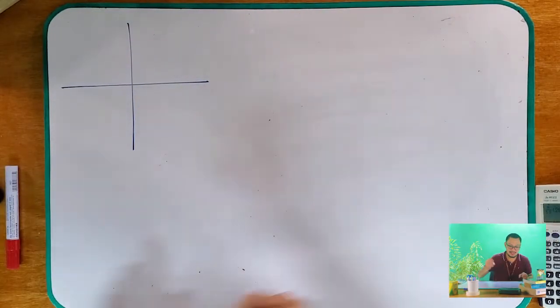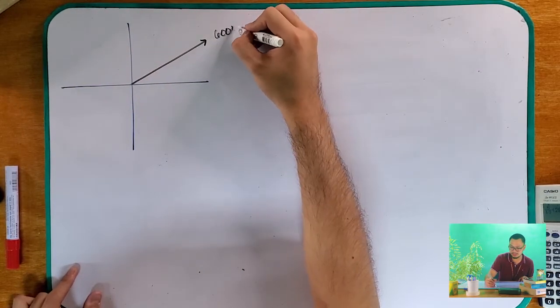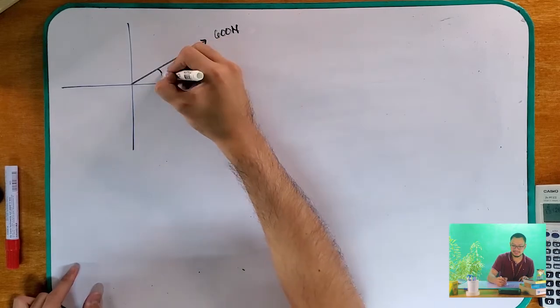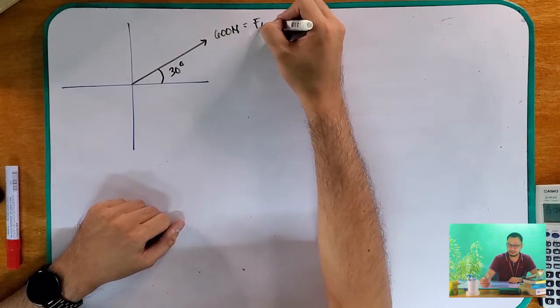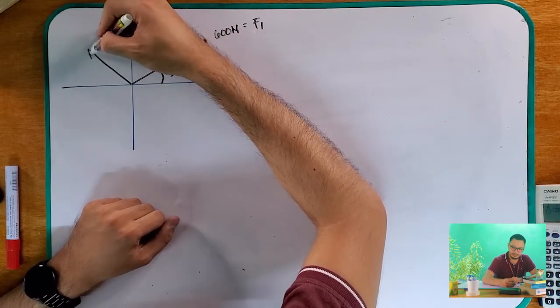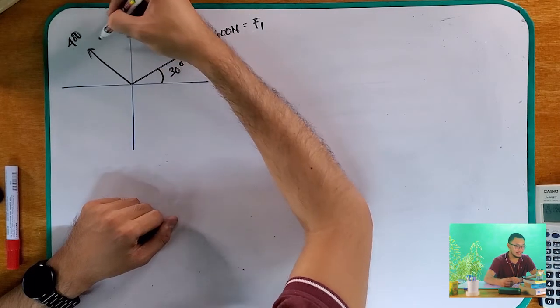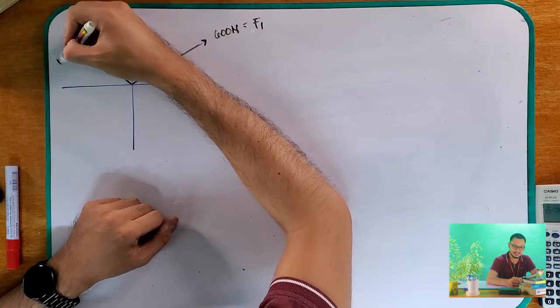And you have this force of 600 newtons, which is directed 30 degrees. And this is F1. And you also have a 400 newtons, which is directed 45 degrees. This is F2.